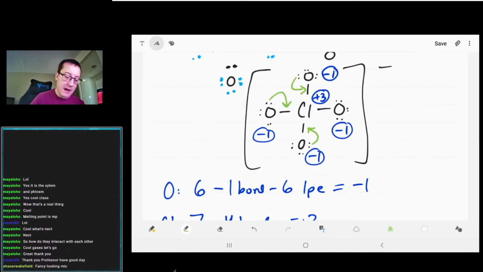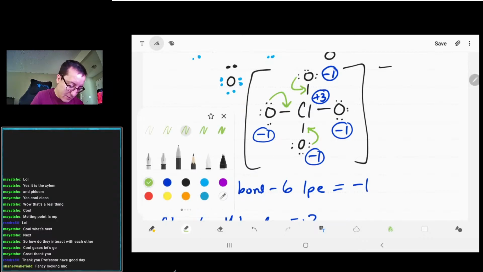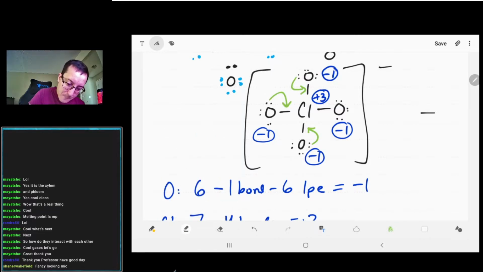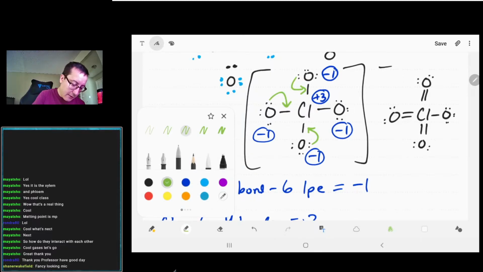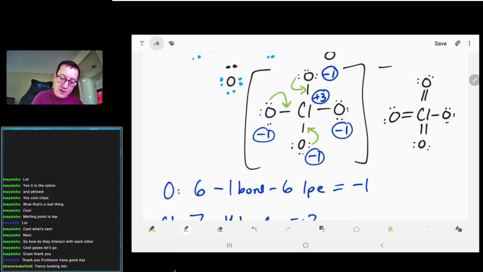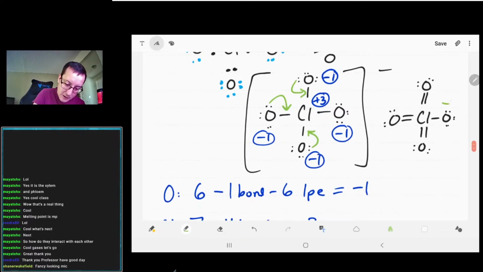But if we do that, let's look at what the structure would be after that. If we take one of those lone pairs off some of those oxygens, we're going to see now, if you wanted to do the formal charges, all of these would be neutral except this oxygen on the right.